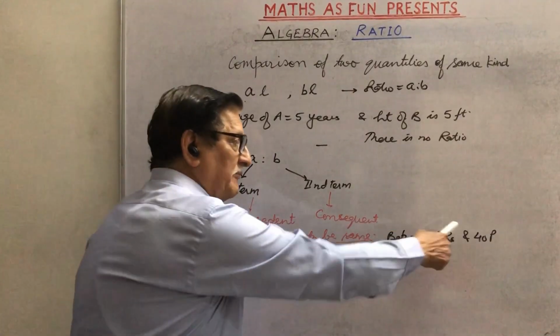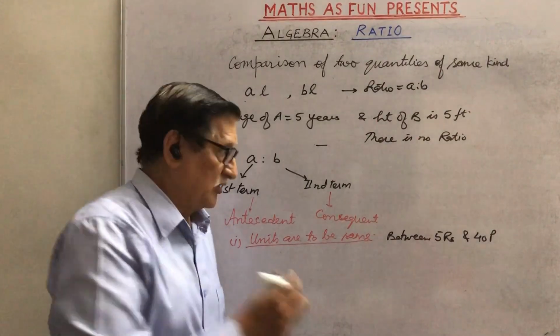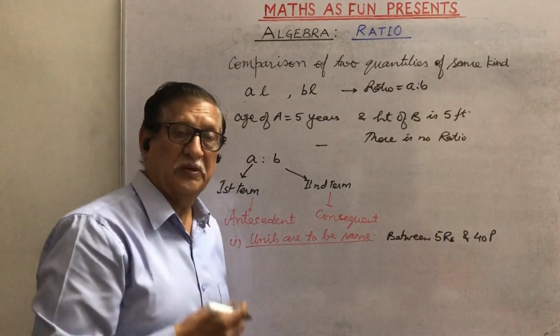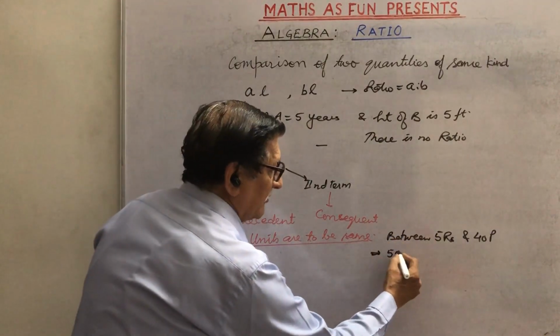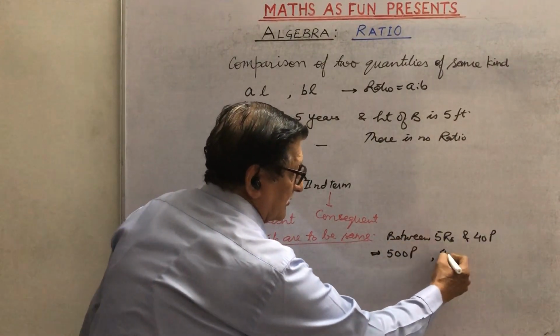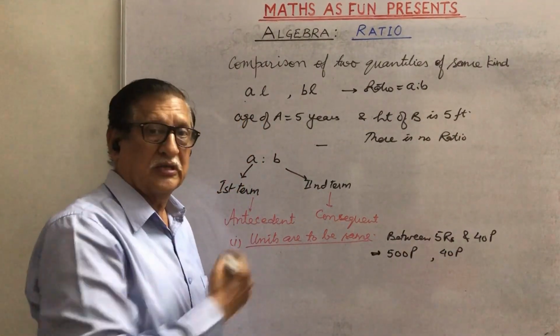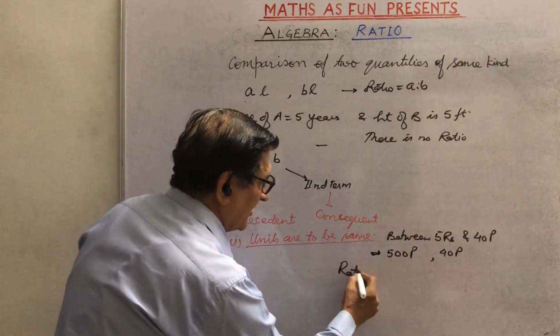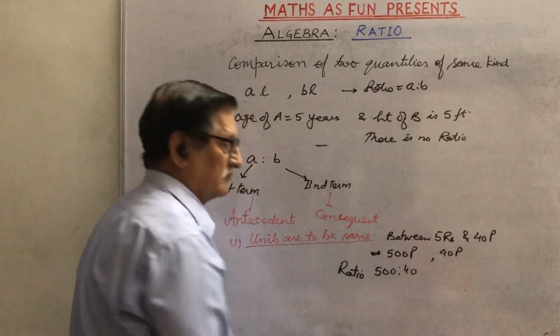We have to have the same unit, either both in paisa or both in rupees. We know that 1 rupee is 100 paisa. It means we can write this as 500 paisa and the other as 40 paisa. Now they are in the same unit, so we can find the ratio of them. The ratio is 500 is to 40.